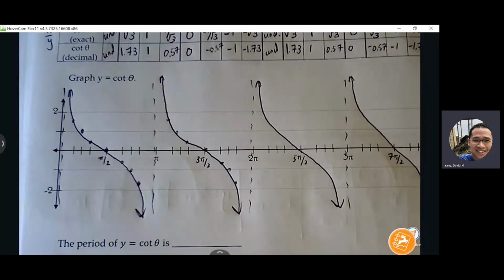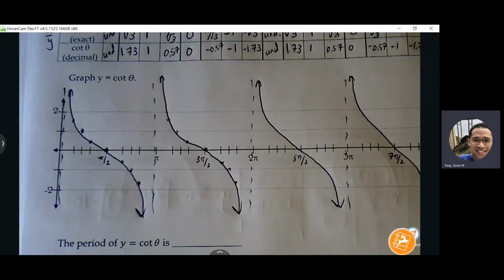So there's your cotangent graph. It's a little simpler than the sine and cosine, right? It doesn't go up and down. It just falls in the same direction, right? It's just kind of a downward slope all the way through.